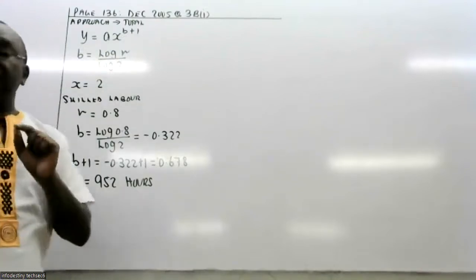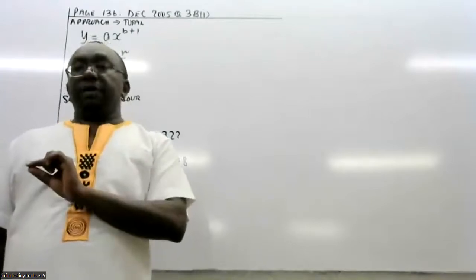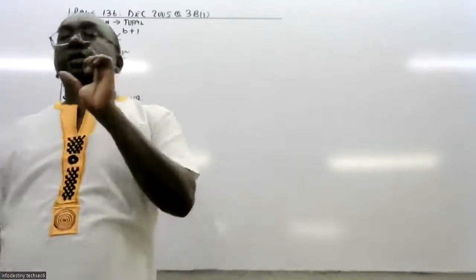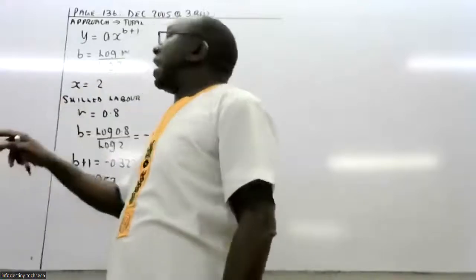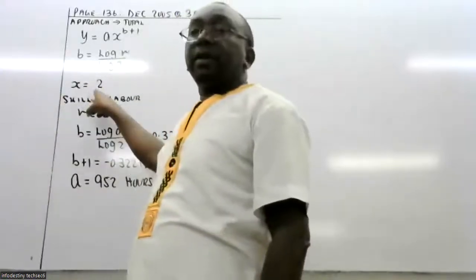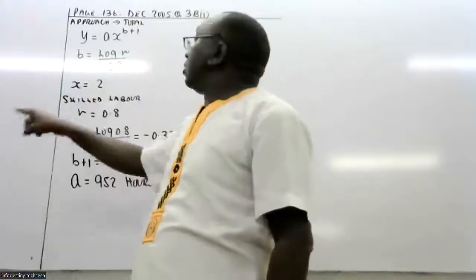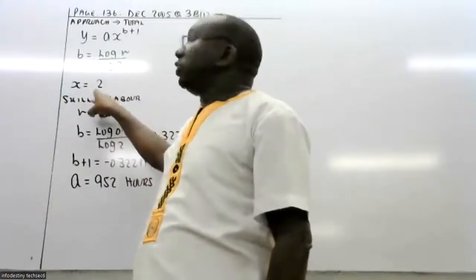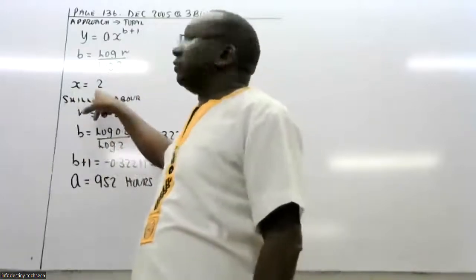But for you to substitute, you must know whether you are dealing with a specific case or an interval. I have said it is specific if the very first unit to be made is part of this x, and it is an interval if the very first unit to be made is not part of this. So do you think the very first boat that was made in this company is part of this?